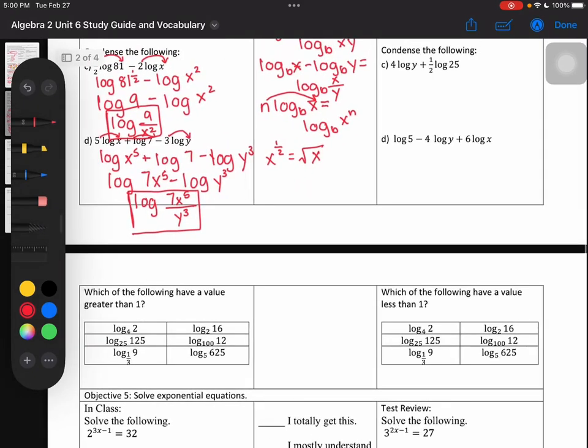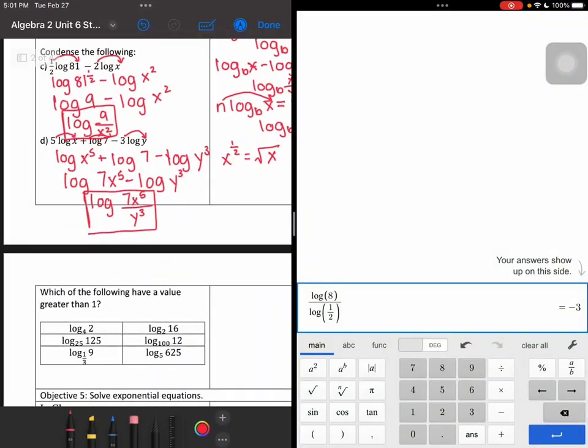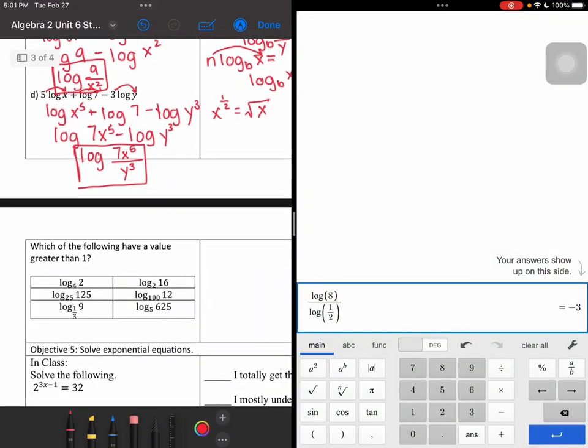All right, so for a final question in this objective, we're given some logs and asked to find which one has a value greater than 1. So this is using that change of base that we used before, where log b of a becomes log of a divided by log of b.